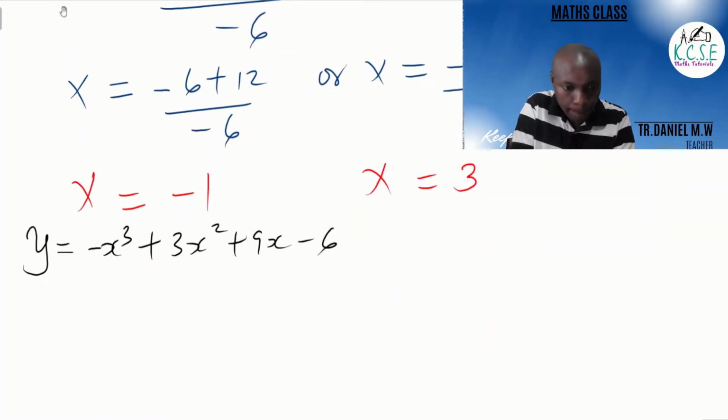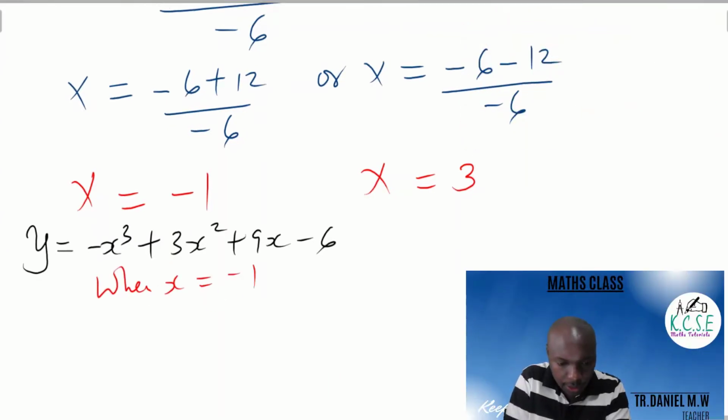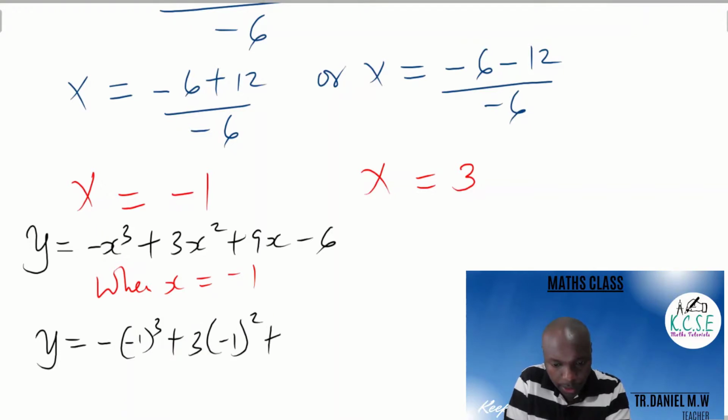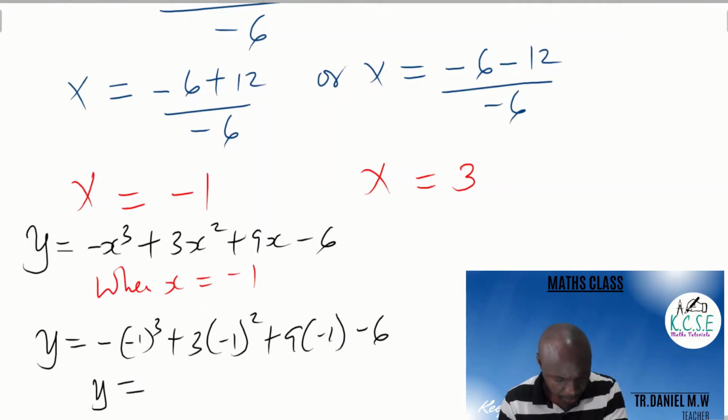So when x is equal to negative 1, y is equal to negative negative 1 cubed, substituting the value of x equals negative 1 in this function, plus 3 times negative 1 squared plus 9 times negative 1 minus 6. Working this out very fast using the calculator, you're supposed to get the value to be negative 11.